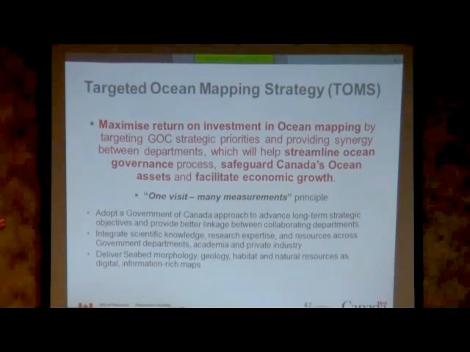When we were writing this justification, we were thinking how we could justify it to the current minister, who was a banker. The only justification that would be accepted was return on investment. If we look at other countries, Ireland had a 6-to-1 return on investment in ocean mapping. They mapped their offshore in about 4 years, and they were visiting us 20 years ago to learn how to do this.